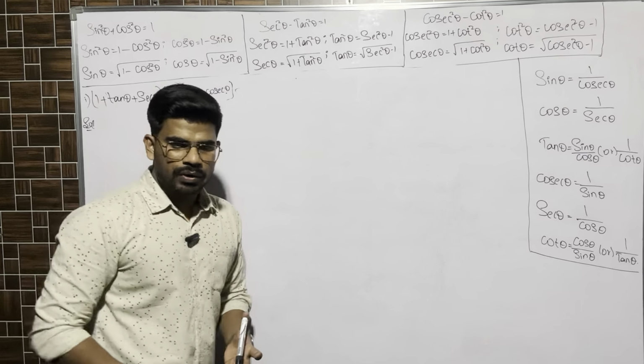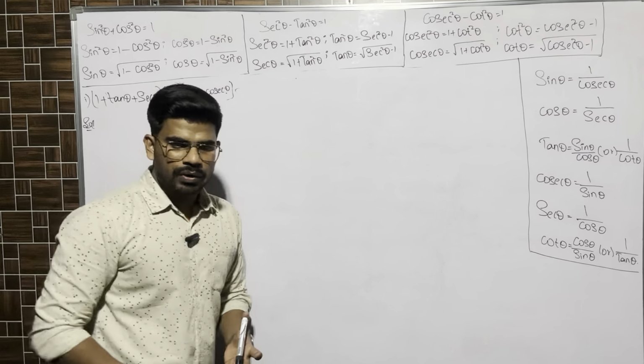So for this we'll start from the identity. Go for the identity directly. We know that secant square theta minus tan square theta is equal to 1. This is a square minus b square, (a plus b) into (a minus b). Secant theta plus tan theta into secant theta minus tan theta is equal to 1.